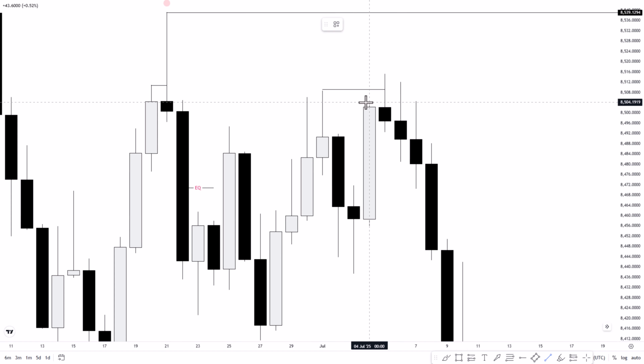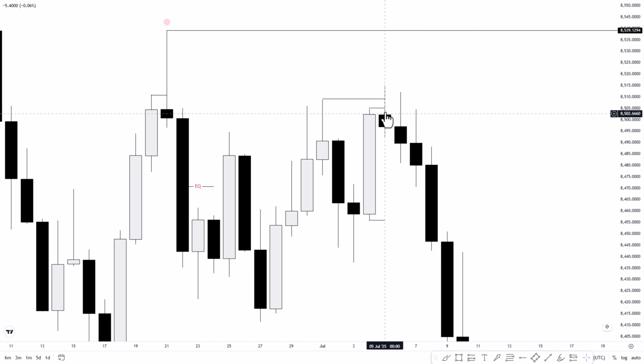From this high to this low, we have the previous day range, and we see price closing inside the range. So on day 3, we see that price reacted and closed below the low of day 3. So now we are supposed to engage in day 4.